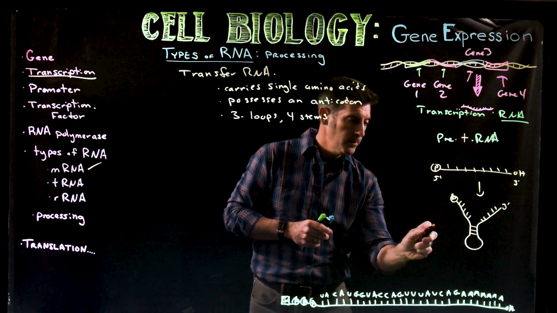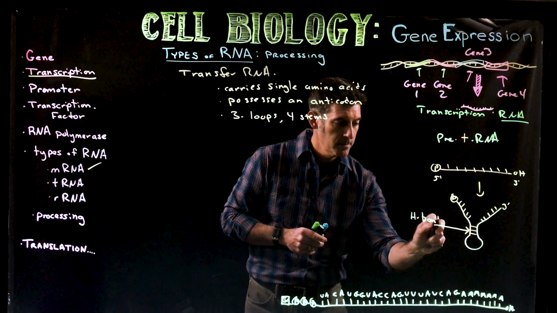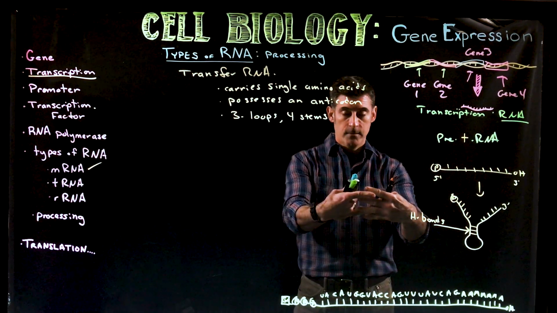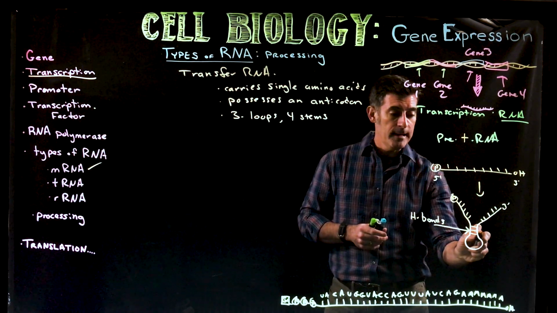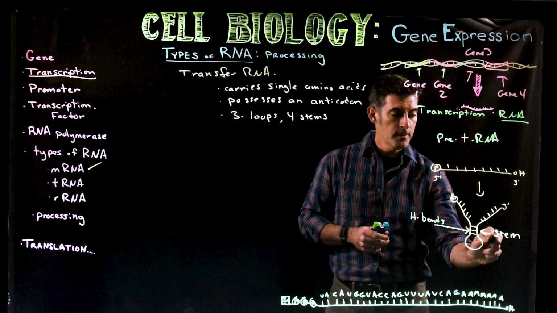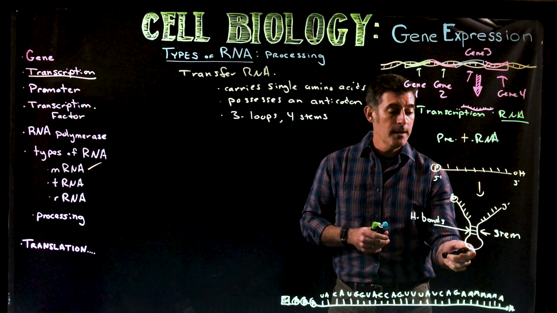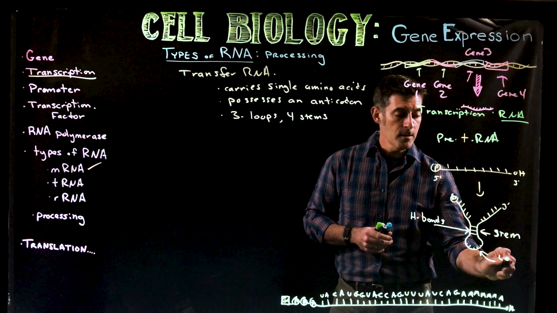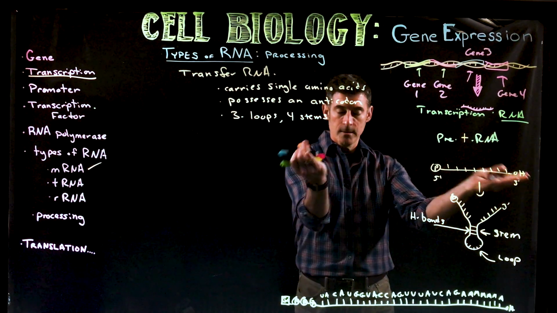Okay, so there's going to be hydrogen bonds that will actually join one part of the strand to another part of the strand. Okay, that region there, where the hydrogen bonds are, that's called a stem, a straight region with hydrogen bonds. This region down here, there are not going to be any hydrogen bonds in there. And that region is going to be referred to as a loop. So I have a stem and a loop. So you can see this is how it's just kind of folded, but not completely joining together.